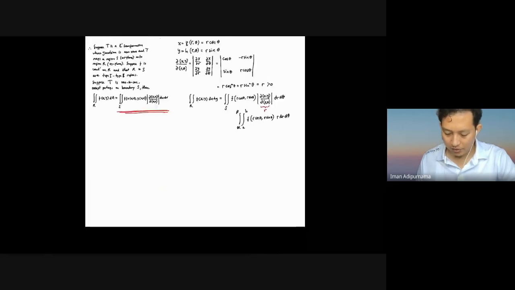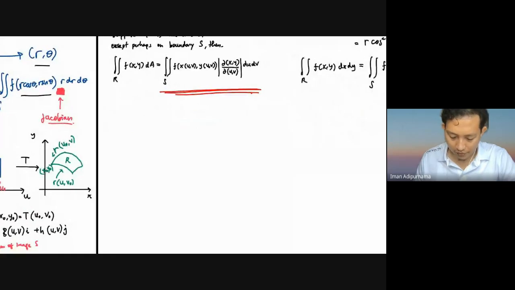Now let me give you an example, maybe one or two, or maybe one, and then we can move to triple integrals.